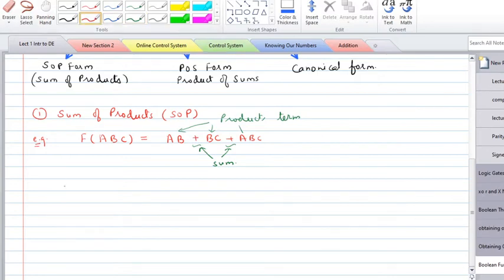Second form is product of sum, that is POS form.